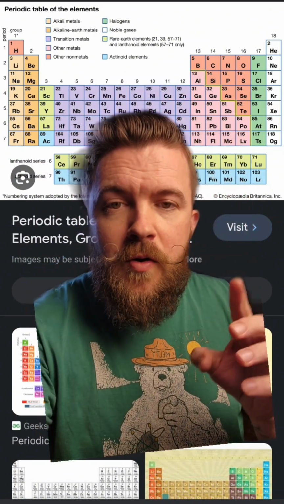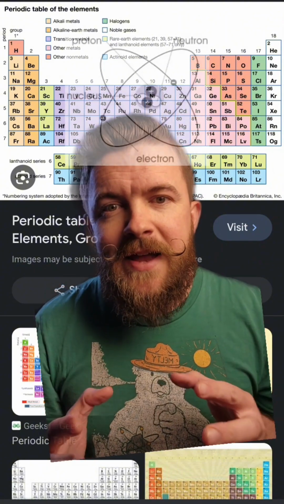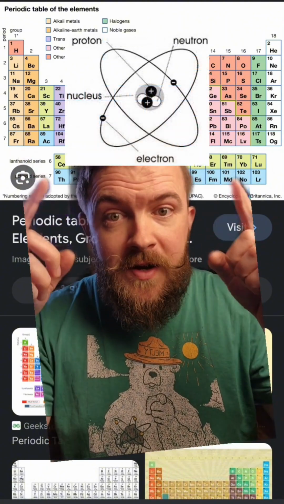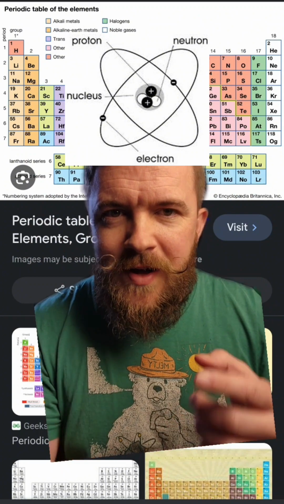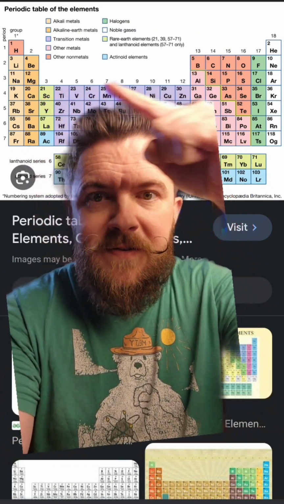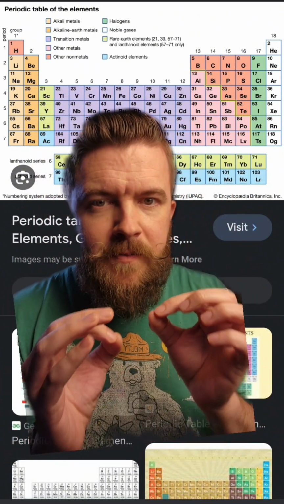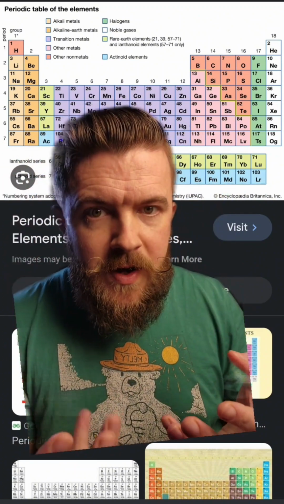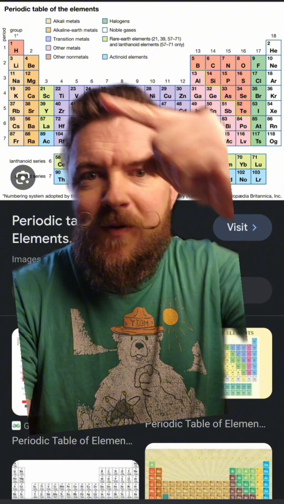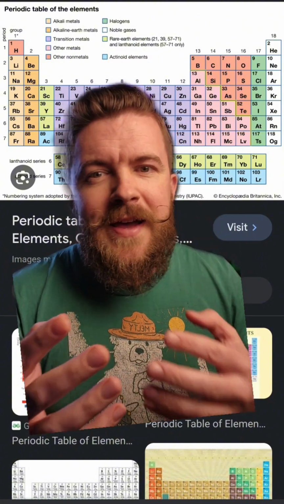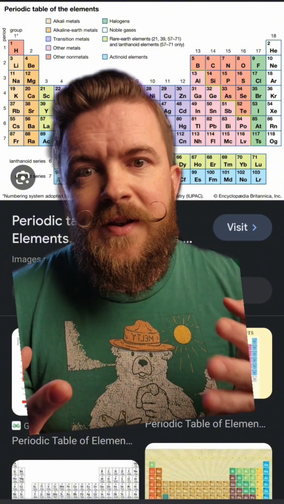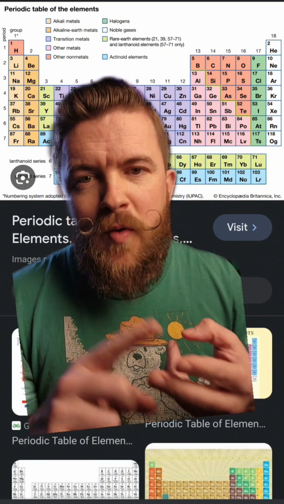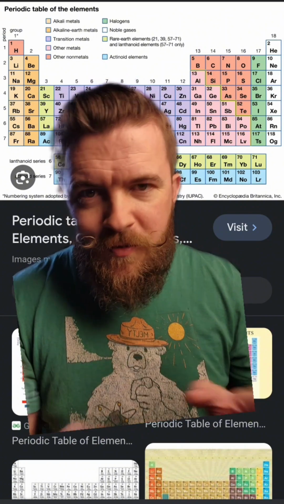We all know that the nucleus of an atom comprises both protons as well as neutrons. So all of these different elements have a certain number of protons, but they can have all sorts of numbers of neutrons. Hydrogen, for example, which we're going to talk about soon, can have at least 3 different numbers of neutrons: 1, 2, or no neutrons.